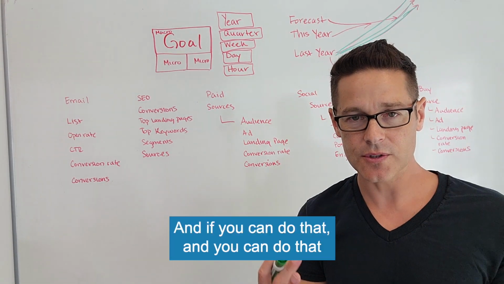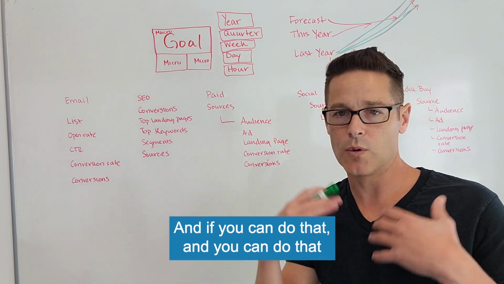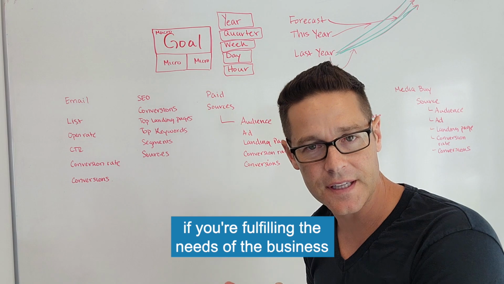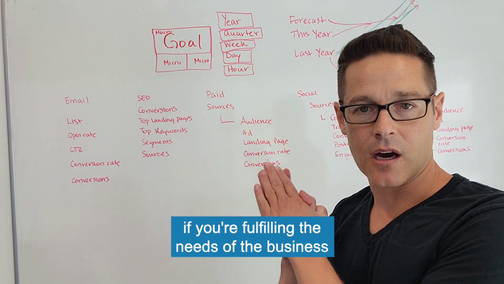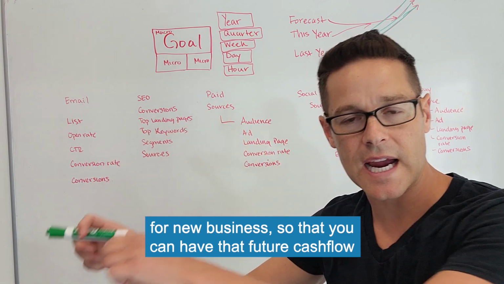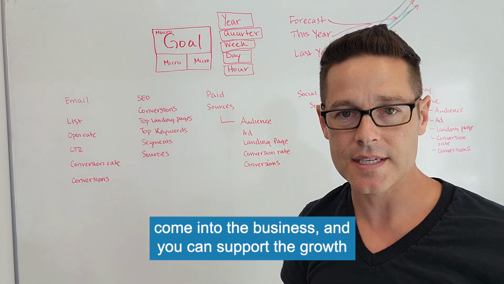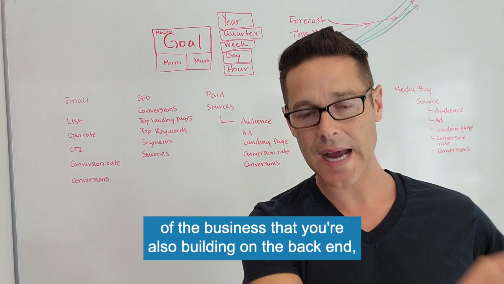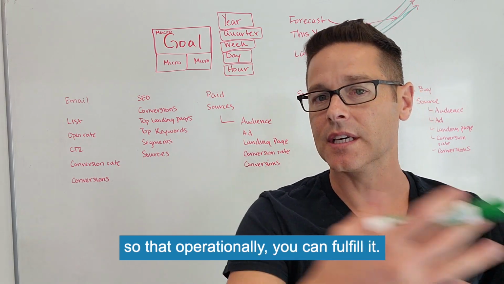And if you can do that within that time duration, you can always know if you're fulfilling the needs of the business for new business so that you can have that future cash flow come into the business and you can support the growth of the business that you're also building on the back end so that operationally you can fulfill it.